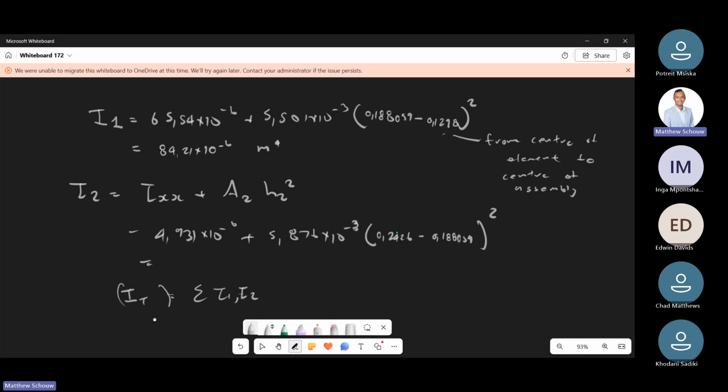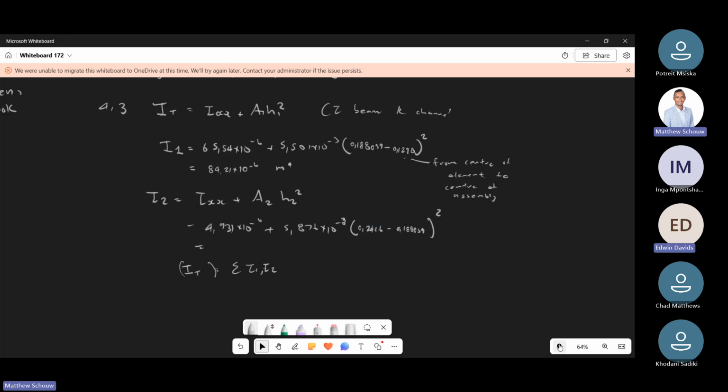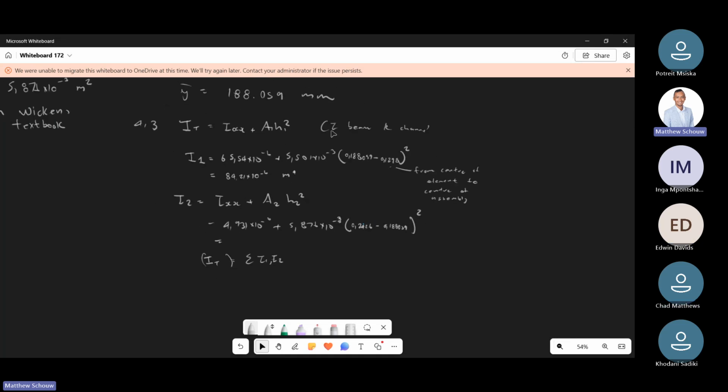That's fine, I hear you. Go up a little bit to the original formula. The I2 formula is IXX plus area times distance squared. It's the same formula, we just do it twice, using different values from the different tables. Got you. Exactly.